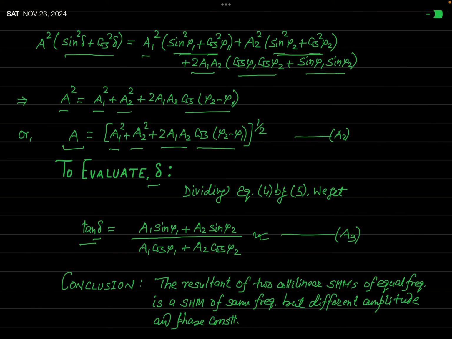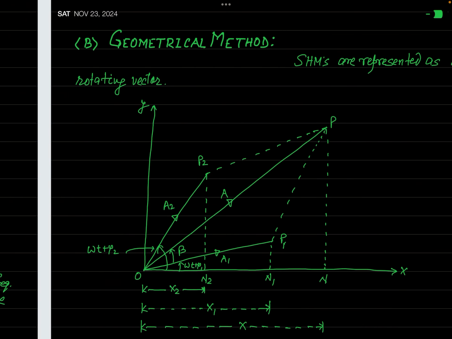As a conclusion we can say that the resultant effect of two collinear simple harmonic motions of equal frequencies is also a simple harmonic motion of the same frequency, but having amplitude and phase constant given by equation A2 and equation A3. I hope this was a very simple concept, and definitely you have understood these things clearly.